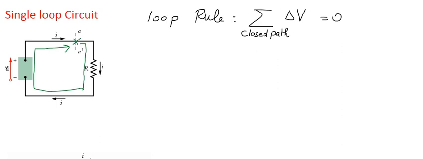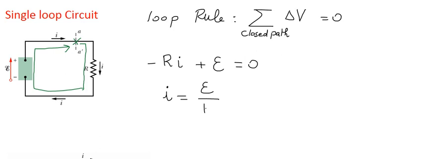The direction of the path is the direction of the current, so the difference in potential is minus Ri. The direction of the path is the same as the direction of the EMF, so we have plus E equals 0. From this we can deduce simply that the current is equal to the EMF over R. Very simple.